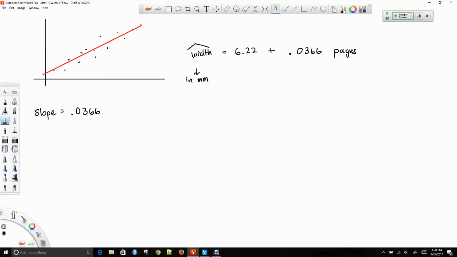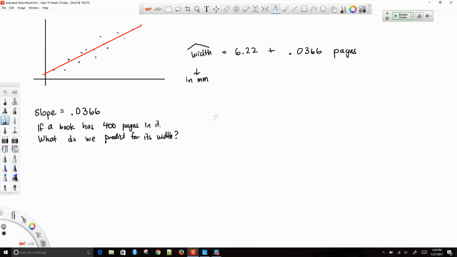Okay, but let's say a book has 400 pages in it. What do we predict for its width? Okay. And then let me ask another question.